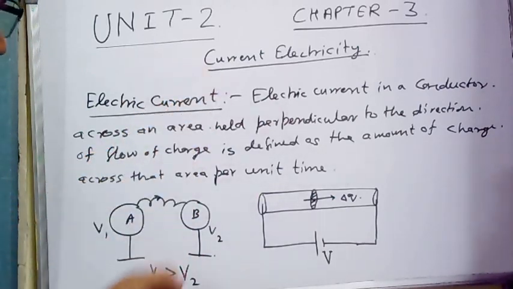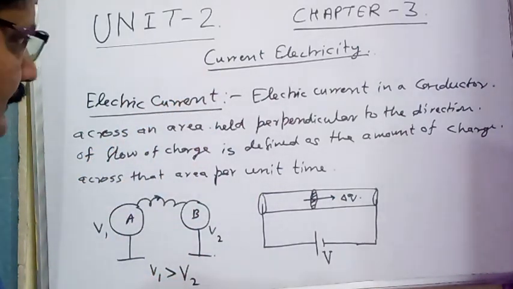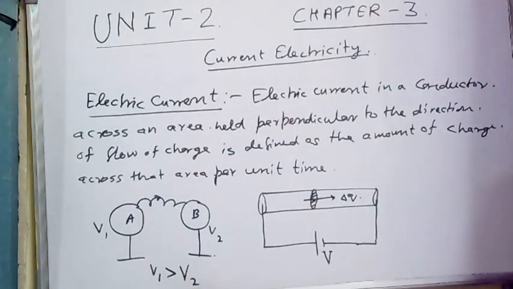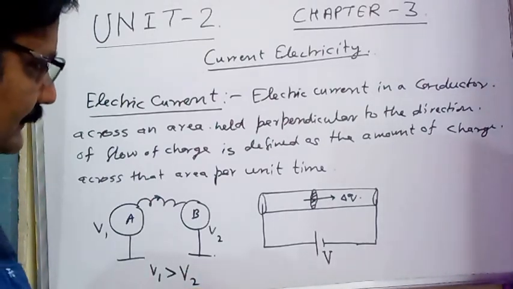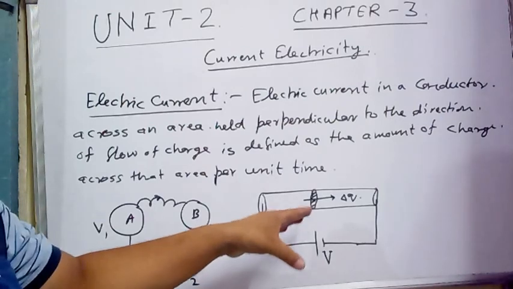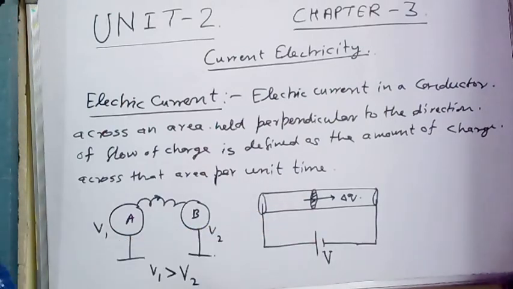Current electricity is the study of electric charges in flow through a conductor or through an electrolyte, or flow of the charges through a semiconductor material, or the flow of charges through some other conducting device. So in this chapter we are going to study the flow of charge through a conducting material.